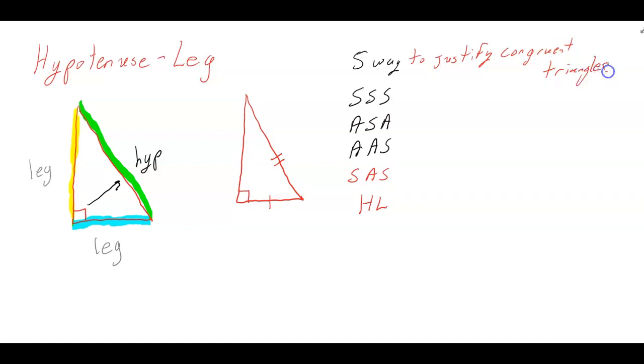And just for completeness of your notes, angle, angle, angle, and side, side, angle do not work. So these methods do not work. This should help you better understand pages 21 to 23 in our notes packet.